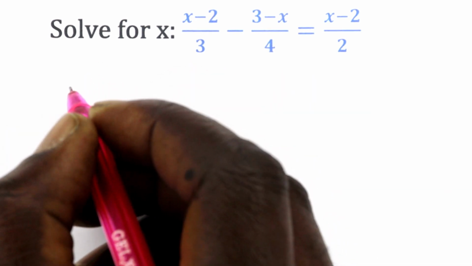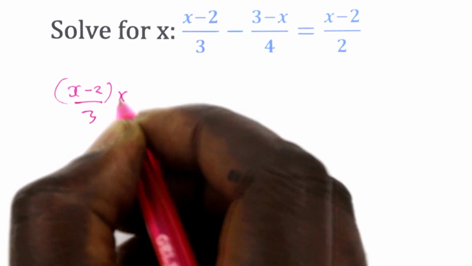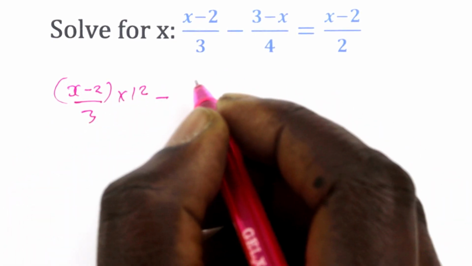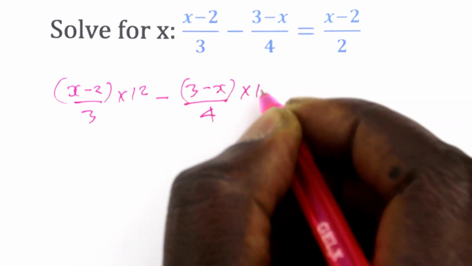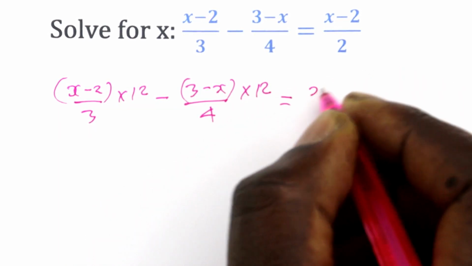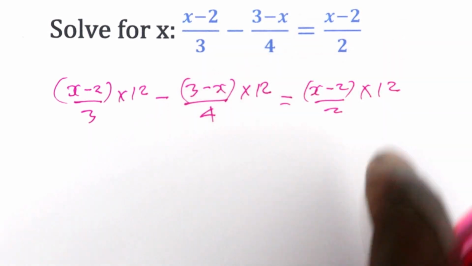So it means we're going to have (x - 2)/3 times 12 minus (3 - x)/4 times 12 is equal to (x - 2)/2 times 12.